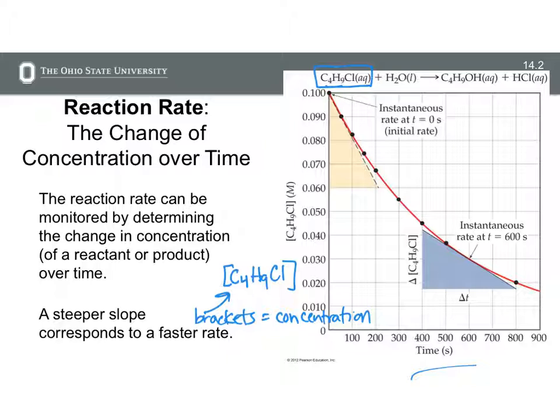And another thing that is important to note is that the rate at the beginning of the reaction is faster than it is later in the reaction. And we're going to talk about why this is and how to measure that. For right now, it's fine to see, and this is important, that a steeper slope, this versus this, means a faster reaction rate. Okay.